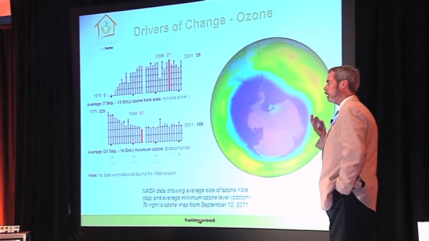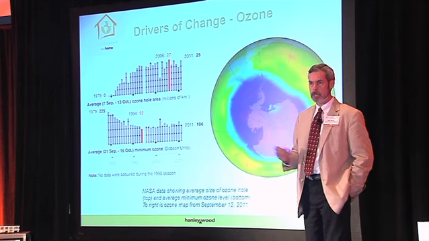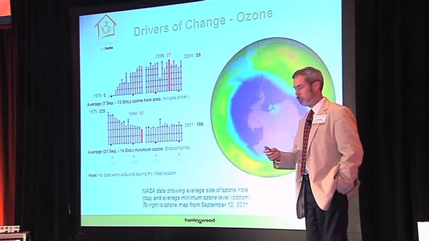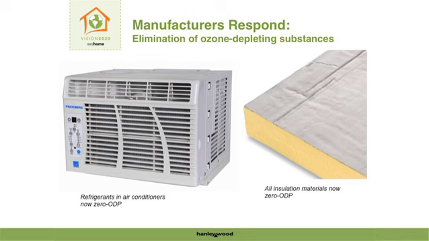Big problem. The government recognized it, environmental communities recognized it, and manufacturers accepted it and did what was needed to make changes. Manufacturers responded beautifully. Refrigerants and blowing agents changed very quickly. Manufacturers stepped up to the plate.